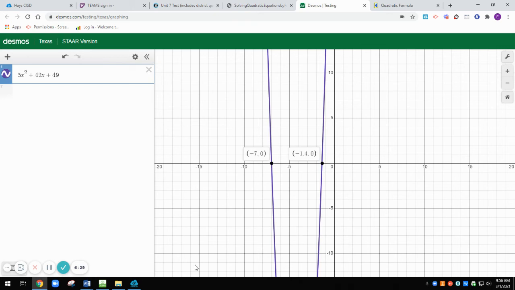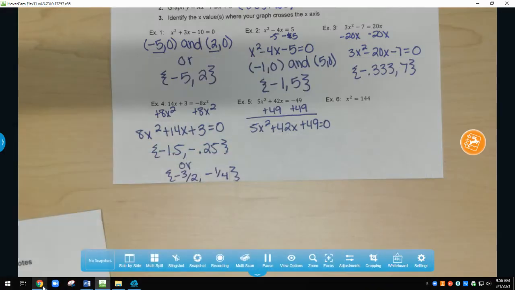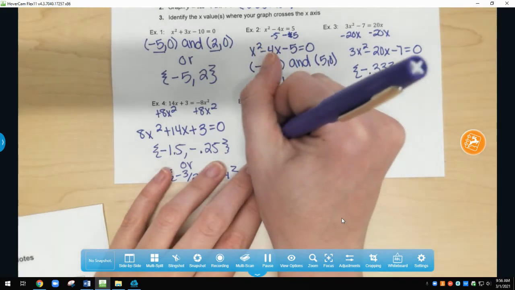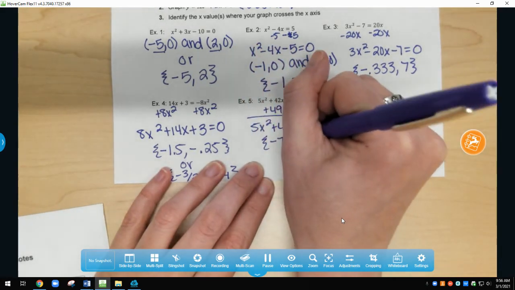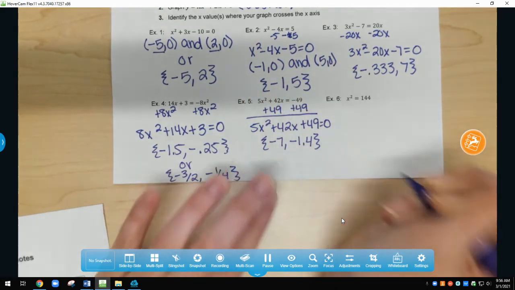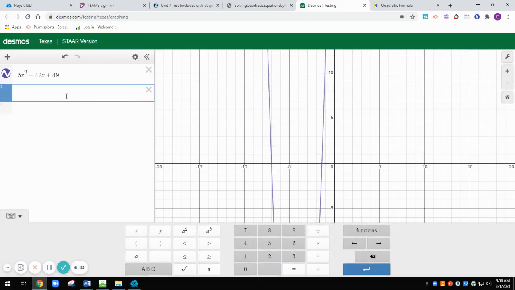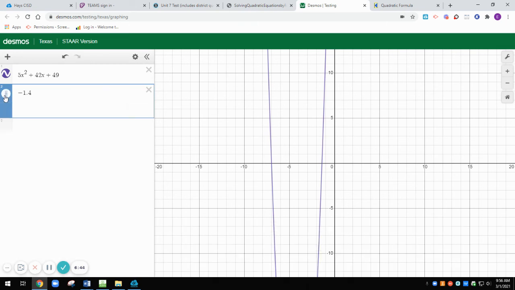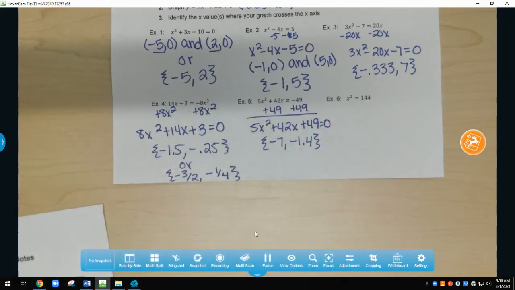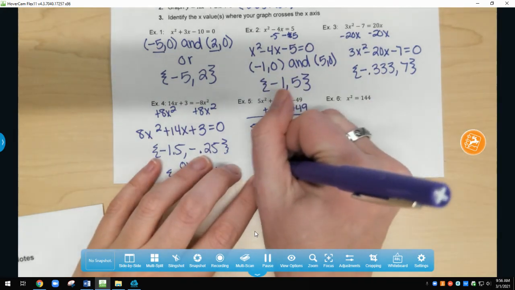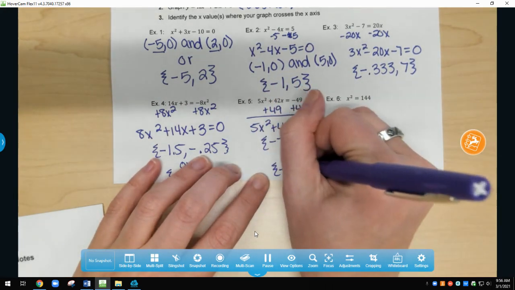So we have negative 7 and negative 1.4. Again, if we want that to be a fraction, we can take negative 1.4 and make it a fraction. So we'd have negative 7/5. Negative 7 is a whole number, so it'll stay.